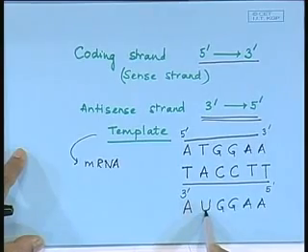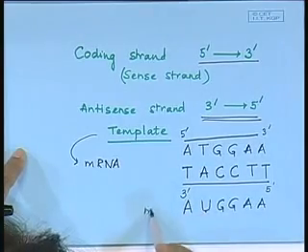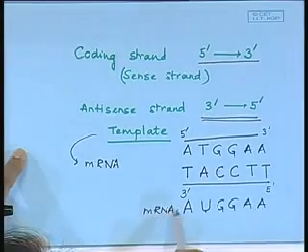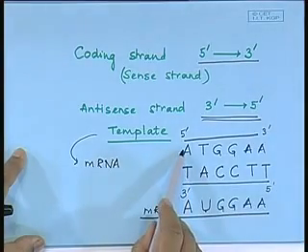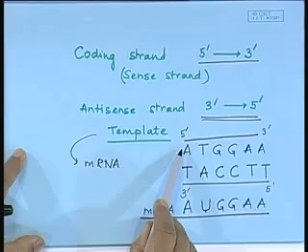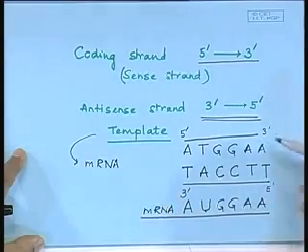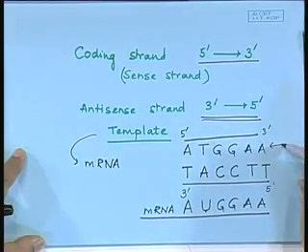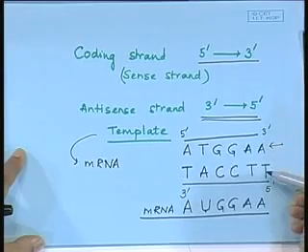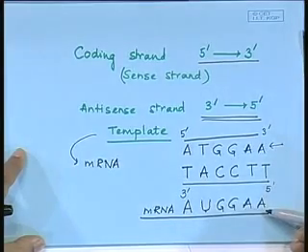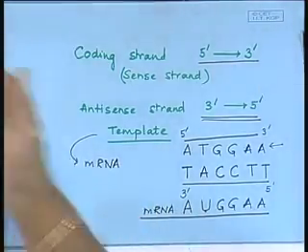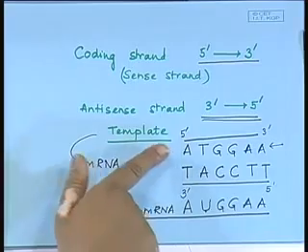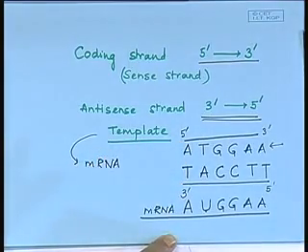Because now I am speaking of mRNA. This information it has taken from this, right? You understand that. This is the sense strand, the coding one. This is the template. This is the mRNA. Okay? That is what it does in transcribing the information from the DNA.